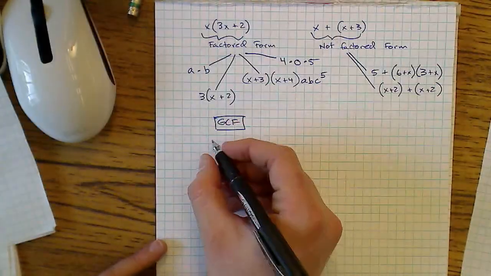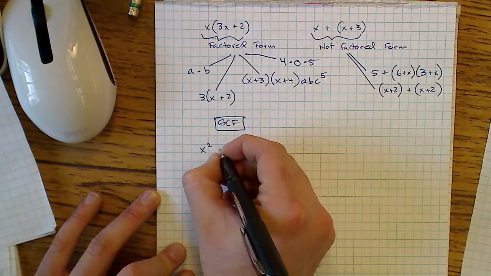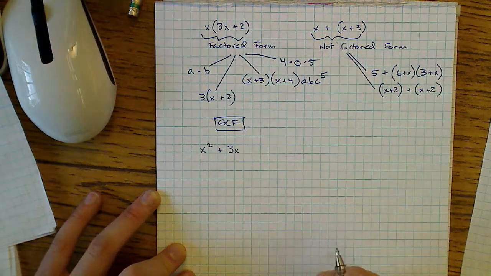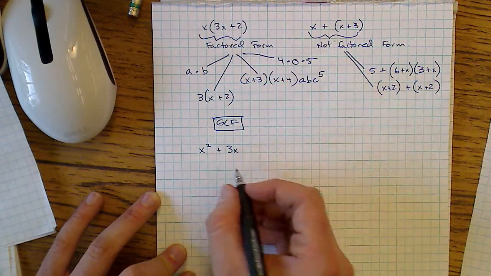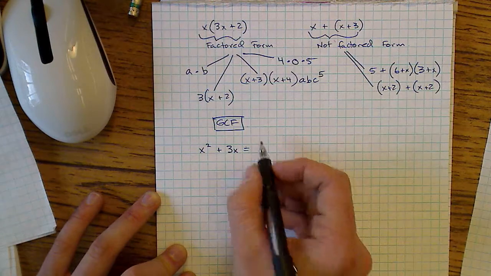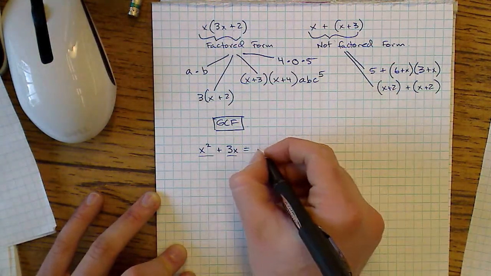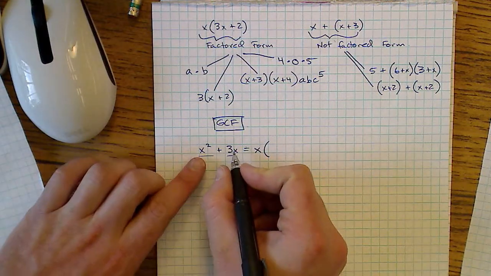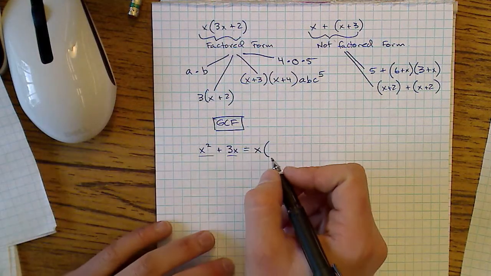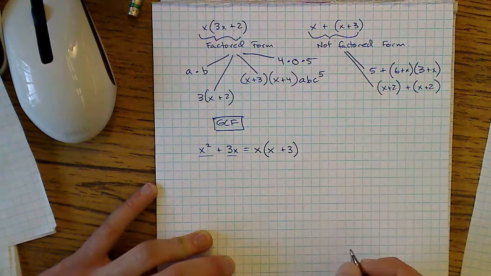And let's say you had an expression like x squared plus 3x. So this isn't in factored form, right? The whole thing's not being multiplied. But I could turn it into factored form by finding the greatest common factor of the terms. Let's say it's x. And then writing the expression with the greatest common factor factored out, x times (x plus 3).